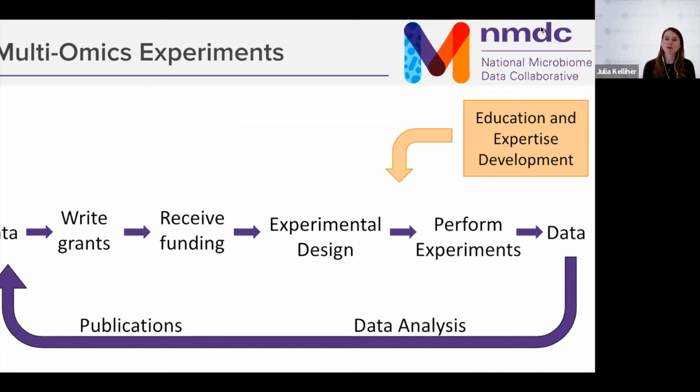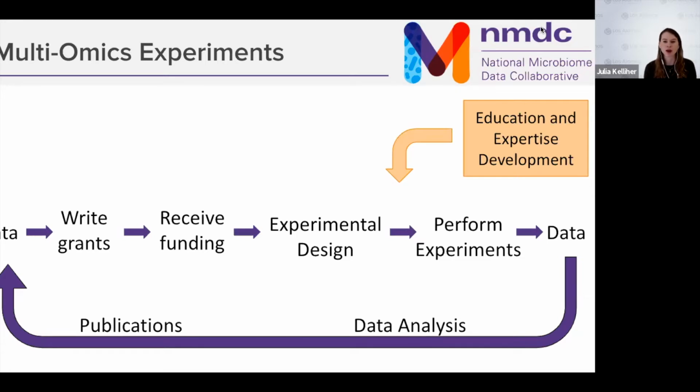And then a little bit about multi-omic experiments and what we're going to be talking about today in terms of accessibility. As many of us are familiar with, the multi-omic experimental process starts with some sort of idea or some sort of preliminary data. You write your grants, you receive your funding, you perform your experimental design steps, you perform the actual experiments such as sequencing, you get your data, and then you do your data analysis and your publications, but then that loops back around into this cycle.